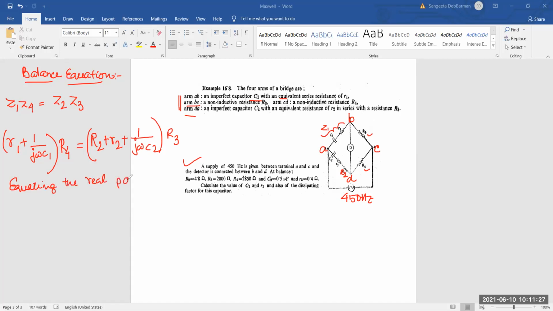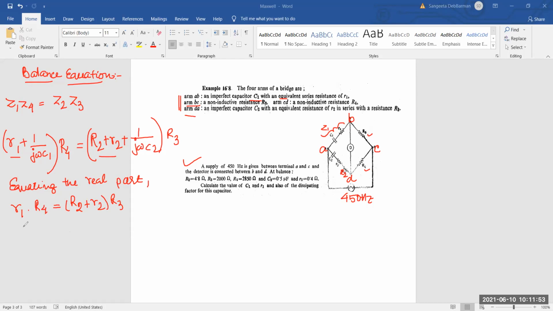After equating the real part, what will I get? I can see small r1 will be equal to R2 plus small r2, and R3 by R4. So this will be r1 R4 equal to R2 plus small r2, R3.